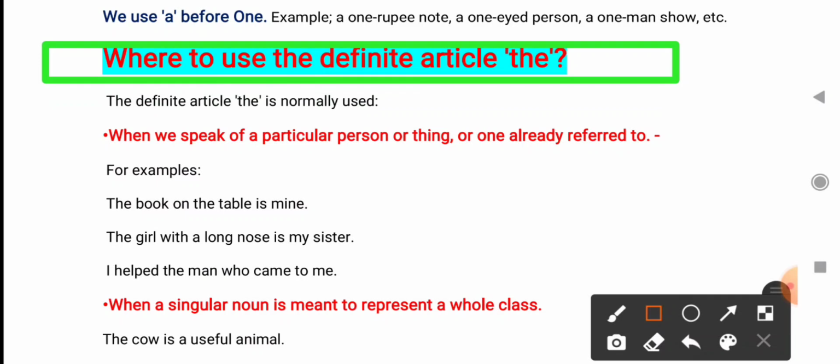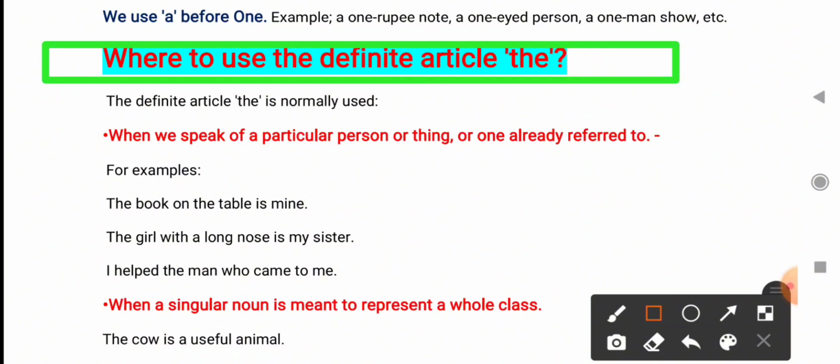This is the definite article because we use the for a particular purpose. So the uses of the are given below.